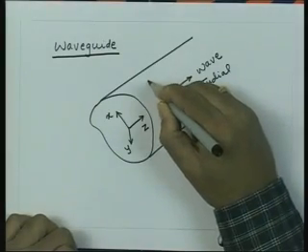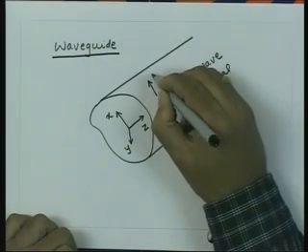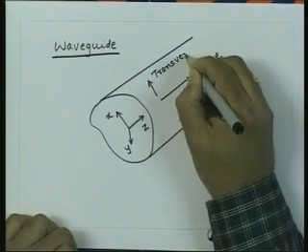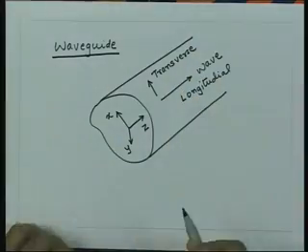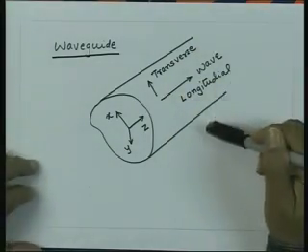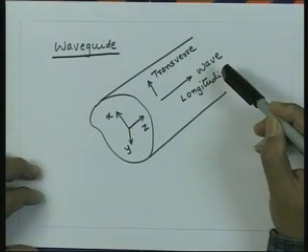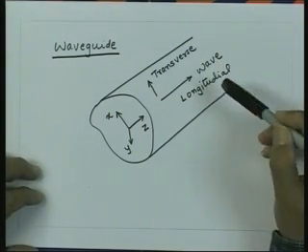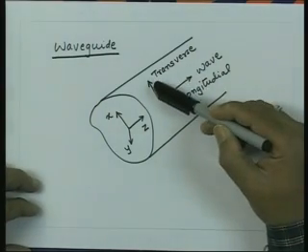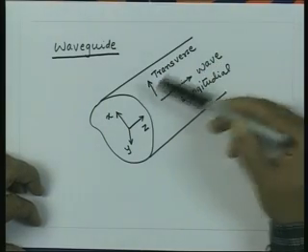Any field perpendicular to the wave propagation, we will call the transverse field. Any electric or magnetic field we will now resolve into two components. One is along the wave propagation, which we call the longitudinal component, and the other is perpendicular to the direction of wave propagation, which we call the transverse component.